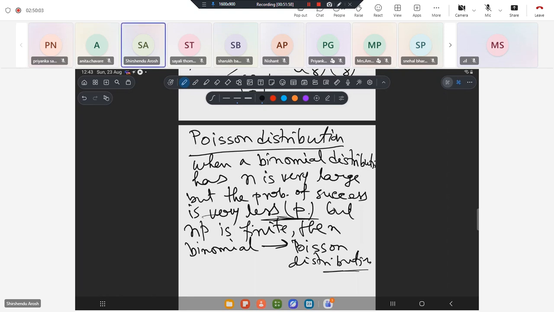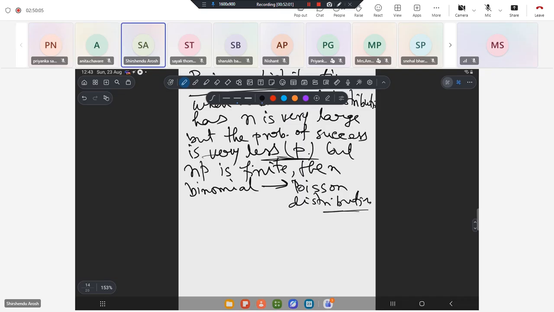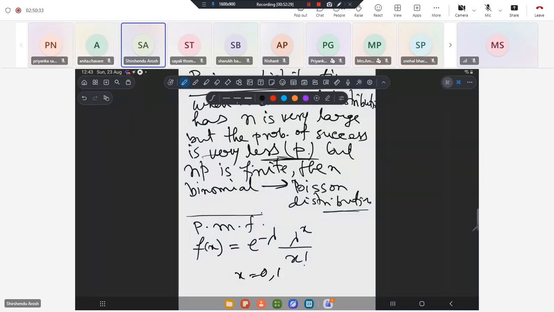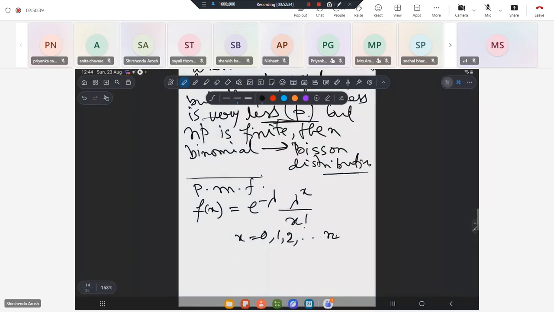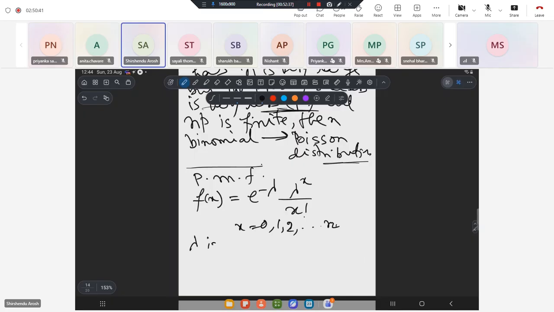So for this Poisson distribution, the PMF is given by f(x) = e to the minus lambda, lambda to the power x by x factorial, where x can take values 0, 1, 2 and so on, and lambda is positive.